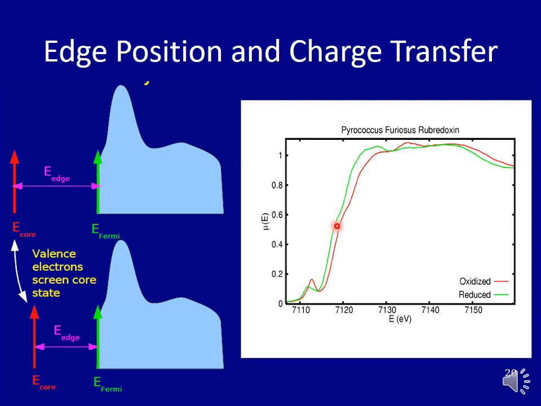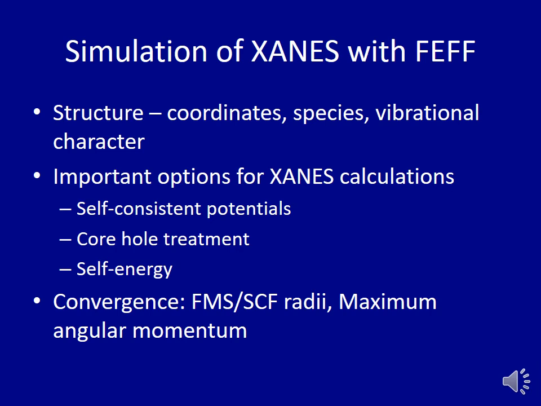And here you can see this. You have the oxidized system shifted to the right, and the reduced with more electrons is shifted to the left. So that's the basics of how you might relate the XANES or interpret the XANES experiment by calculating things with FEFF.